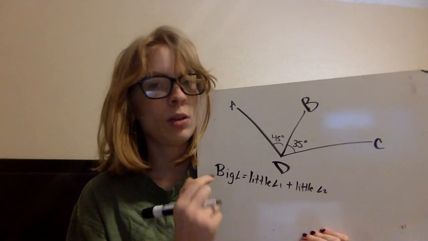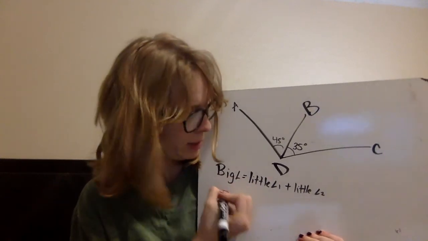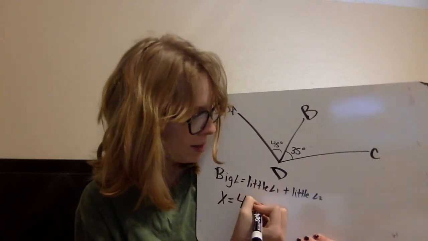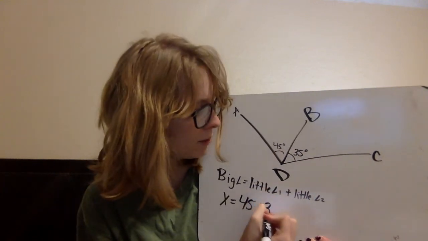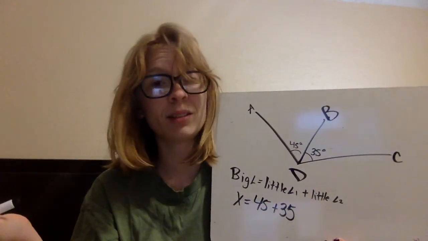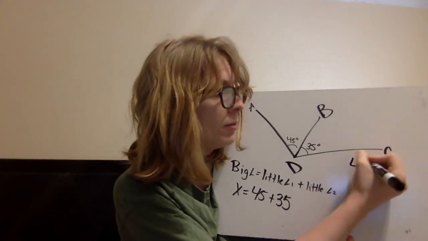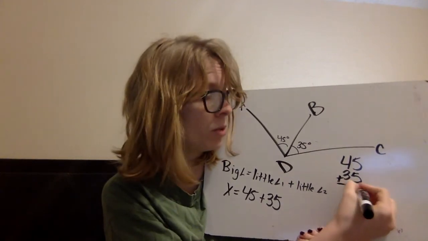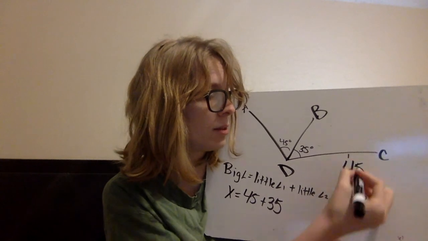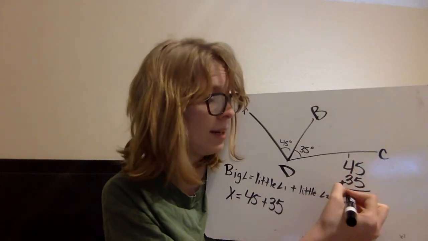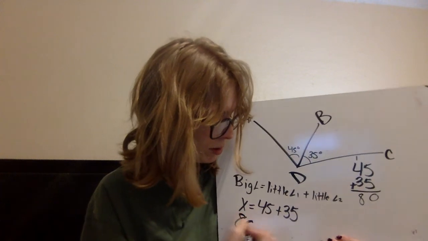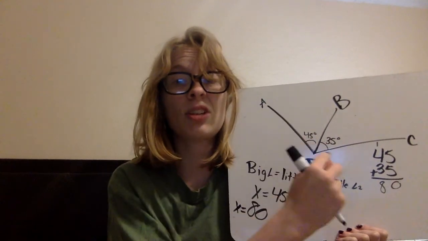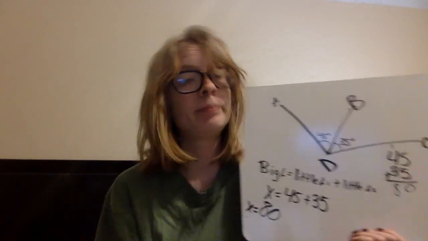Same formula, but we don't know our big angle this time. So we're going to say X equals, so little angle 1 is 45 degrees, plus little angle 2 is 35 degrees. And now we just add. So 45 plus 35. 5 plus 5 is 10. So we put our 0 in the ones, and we carry our 1 over to the tens. 1 plus 4 is 5, plus 3 is 8. So x equals 80 degrees. I know that this isn't actually 80 degrees. Again, I'm bad at drawing.